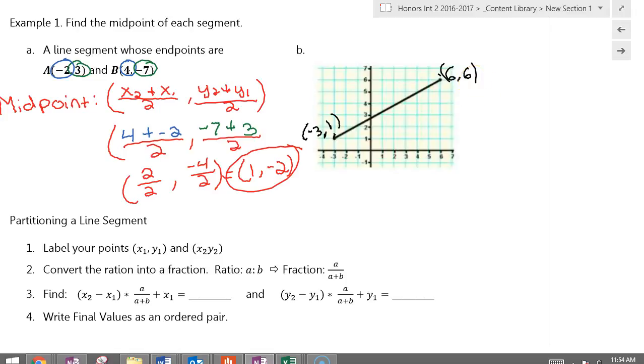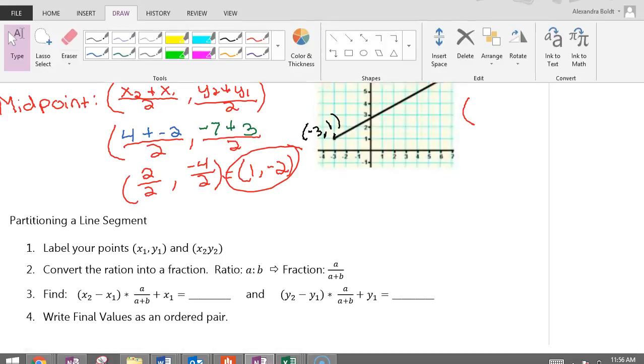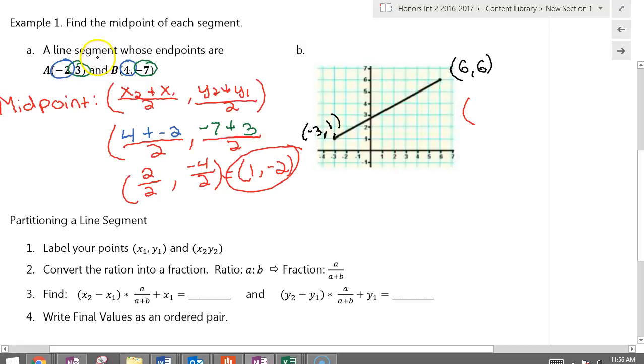So we're using the same formula. So we're going to start with our second x. And we'll always read left to right. So our second x is 6. And our first x is -3.